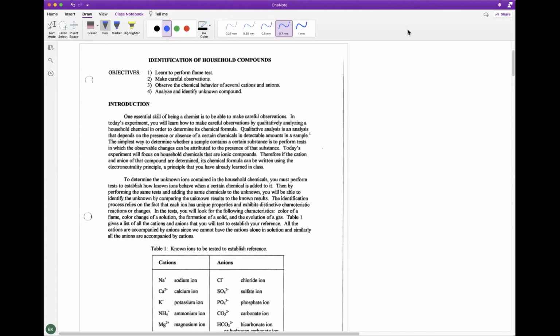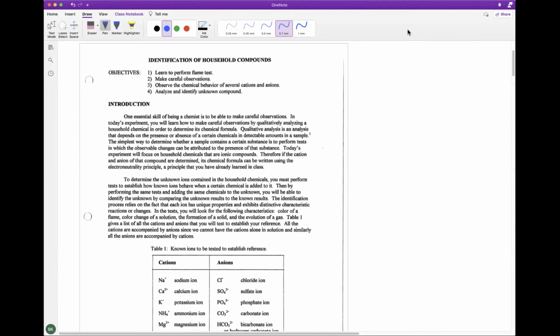All right, so the key for this particular lab is that as chemists, we want to make careful observations of chemical reactions. In this lab, we're going to mix chemicals together and see various different chemical reactions occur, and we're going to observe what the differences are.